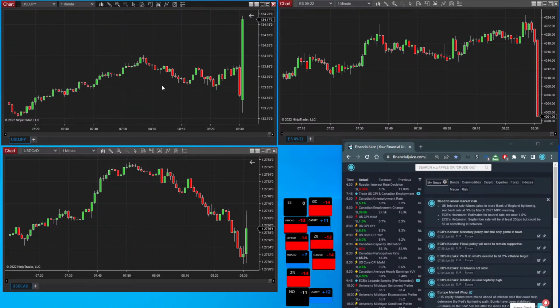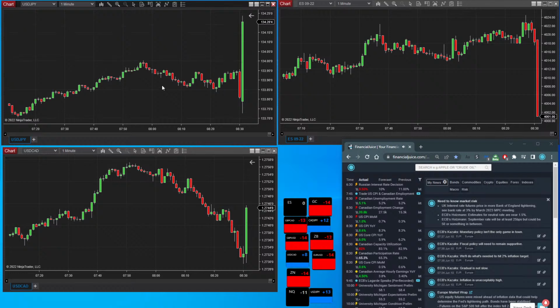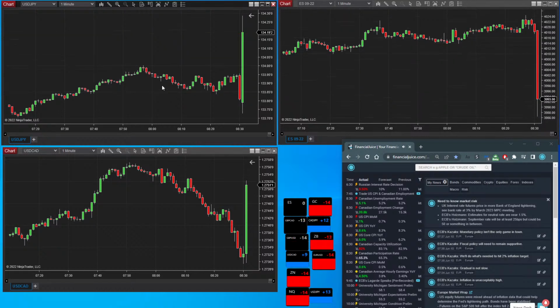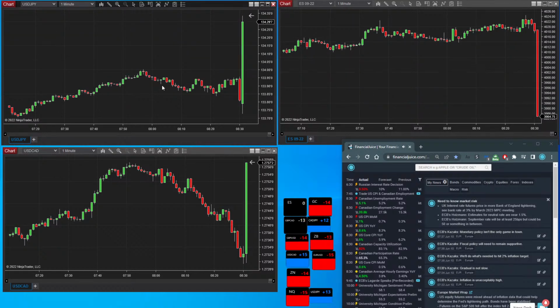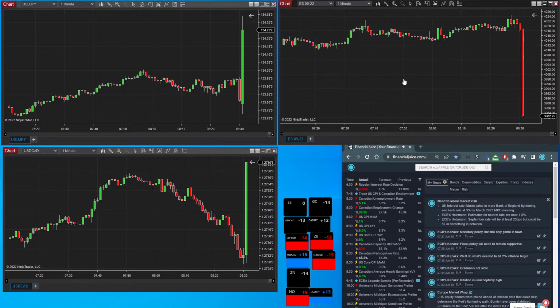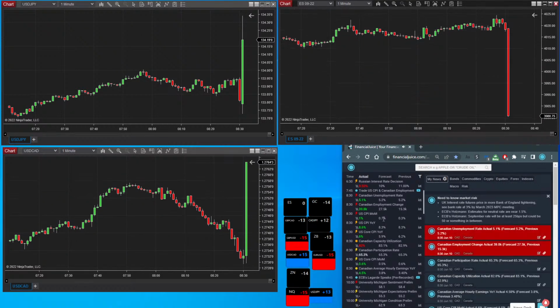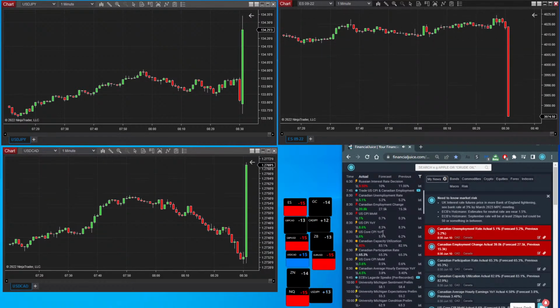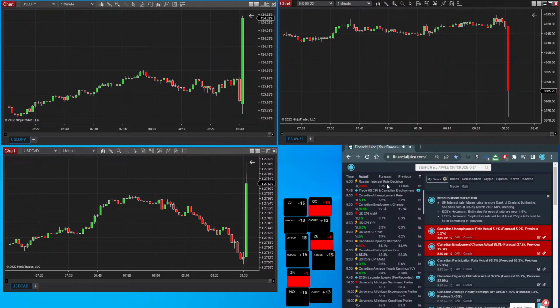Okay. 1%, that's higher than the forecast of 0.7%. S&P going down. CPI year on year 8.6%, higher than the forecast of 8.3%. Core CPI year on year 6%, higher than the forecast of 5.9%.